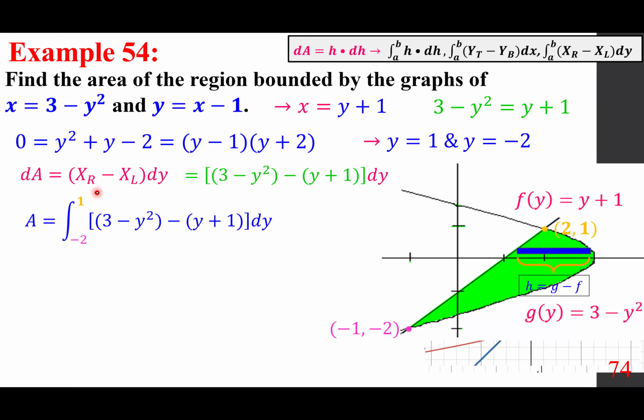All right. So first let's rewrite this as minus y squared minus y plus 3, minus 1, and that gives us plus 2.